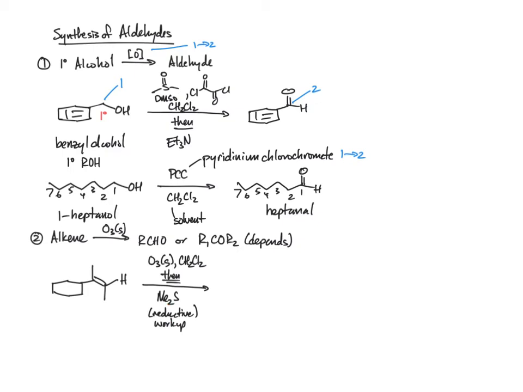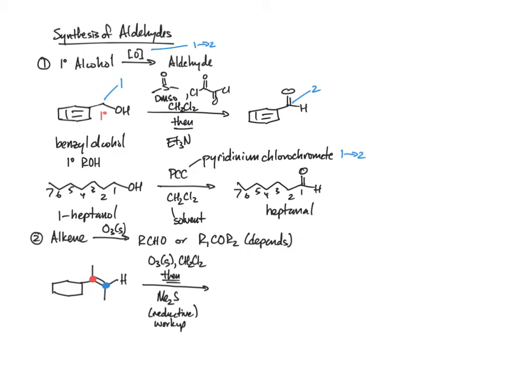So the first thing we want to do is analyze our alkene. And what I'm going to do here is, in red, just highlight one of those sp2 hybridized carbons. I'm going to do that one in red. You do the other one in blue just because it's different.